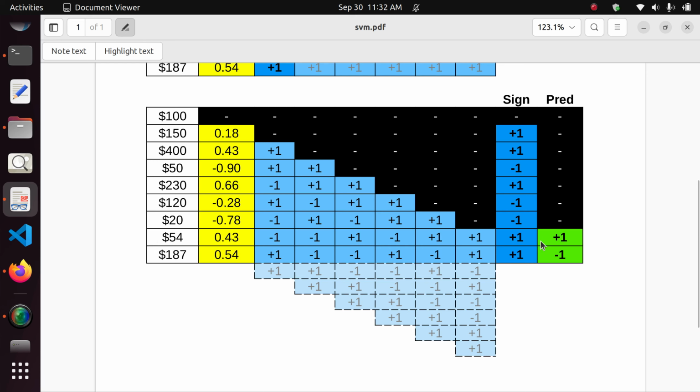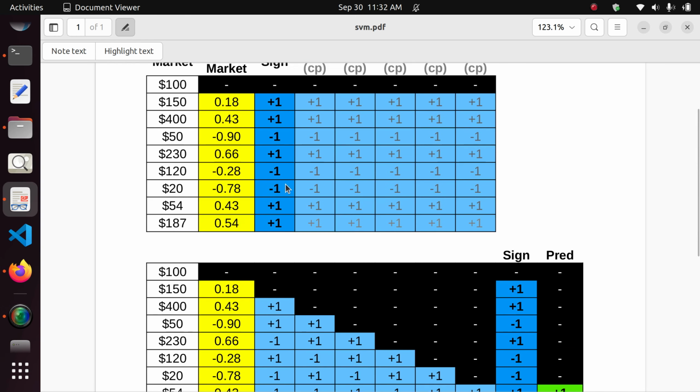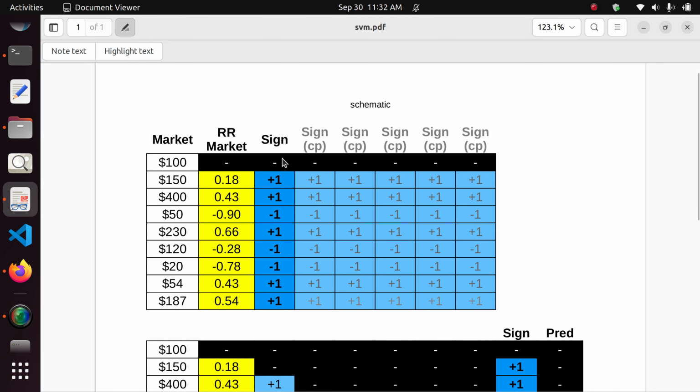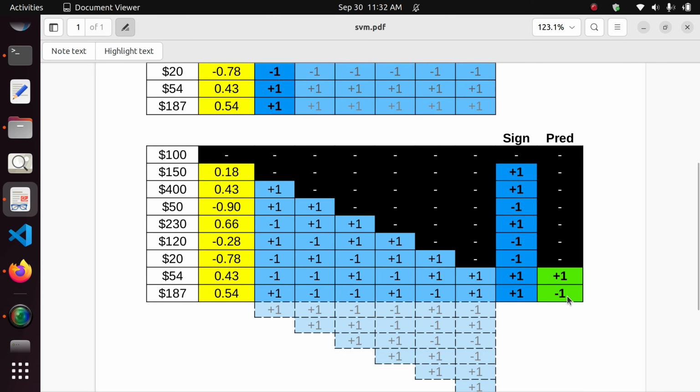Besides these shifts, we can also take the original unshifted column, and what the support vector machine does is try to correlate all of these lagged data to the actual sign, and in doing so it can come up with a prediction.